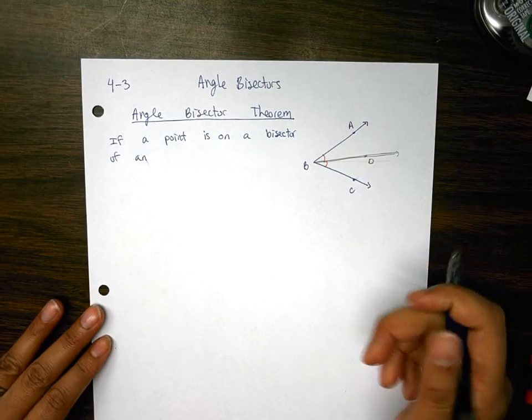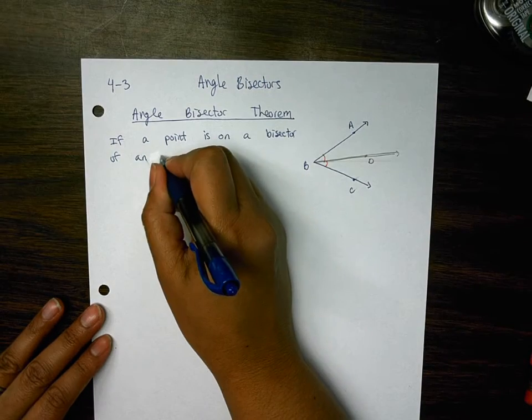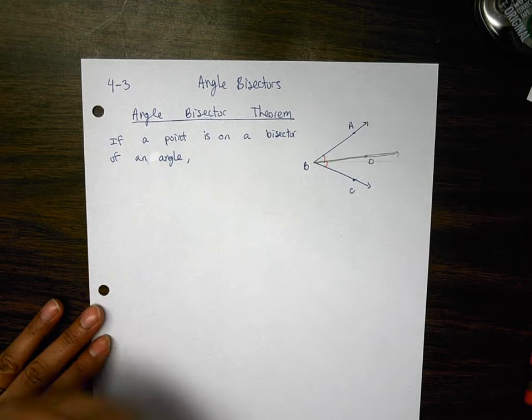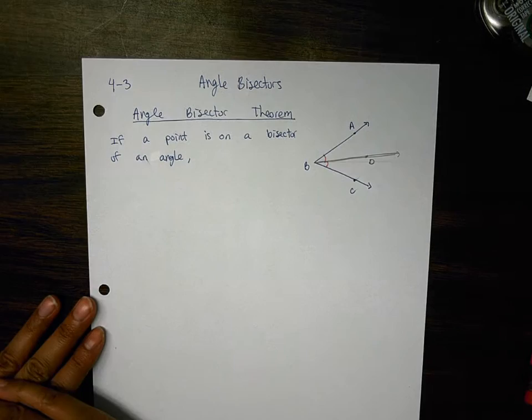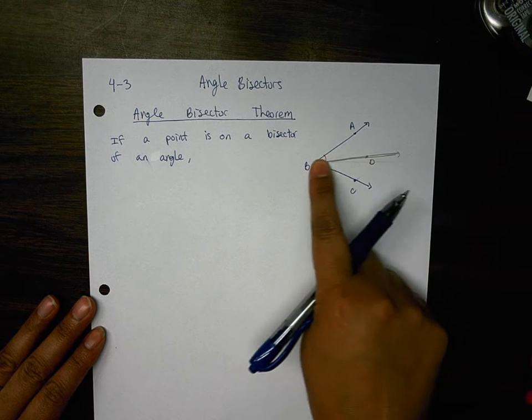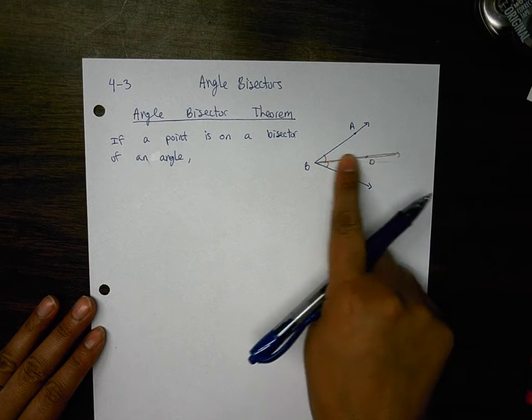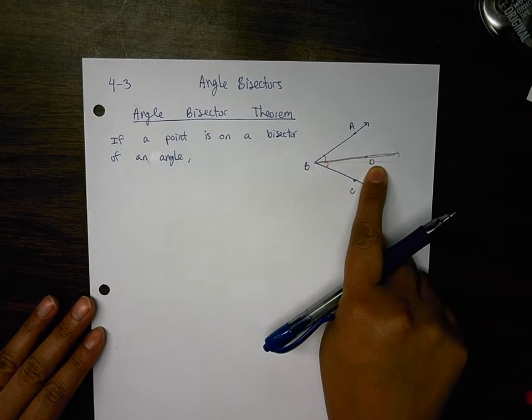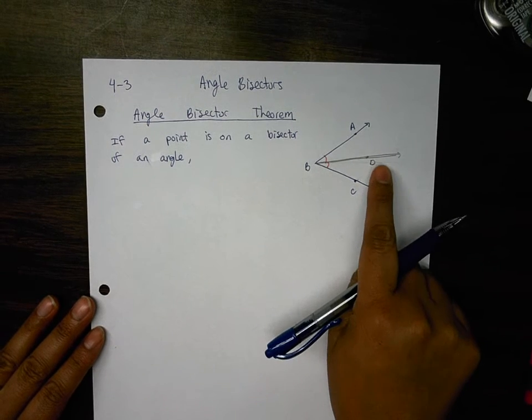If a point is on a bisector of an angle, comma. Now, do you agree that right here, this is the bisector of the angle? What is the point that's on this bisector? D. Okay, so right now we're talking about point D.